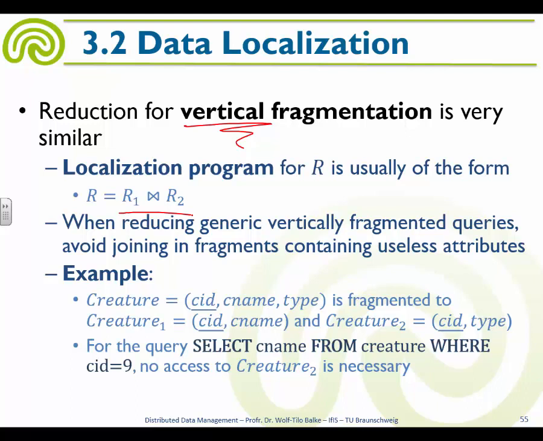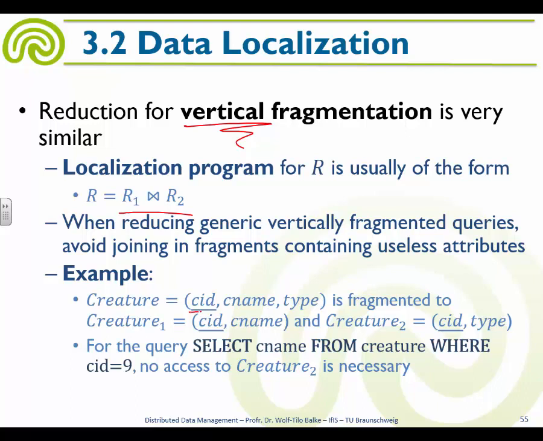Because why should you look at fragments that do not contain any attribute that you either need for joining or that you need for selection or projection? If the attribute does not occur in the query in any form, why would you need it? Why would you need that partition? Just omit it.